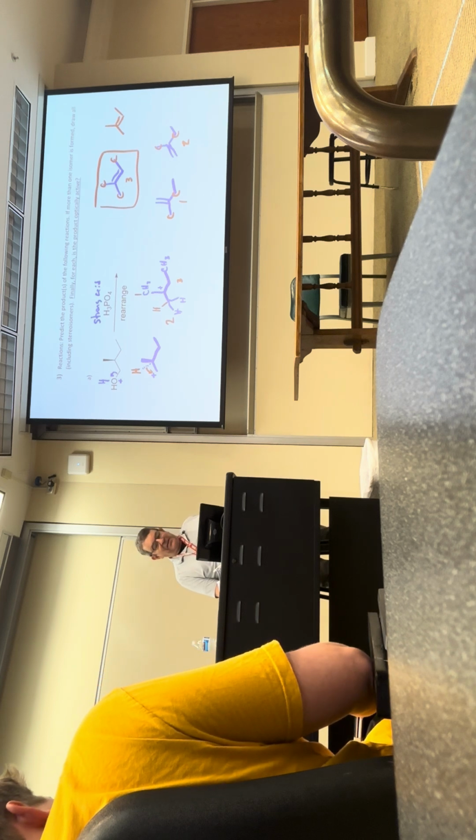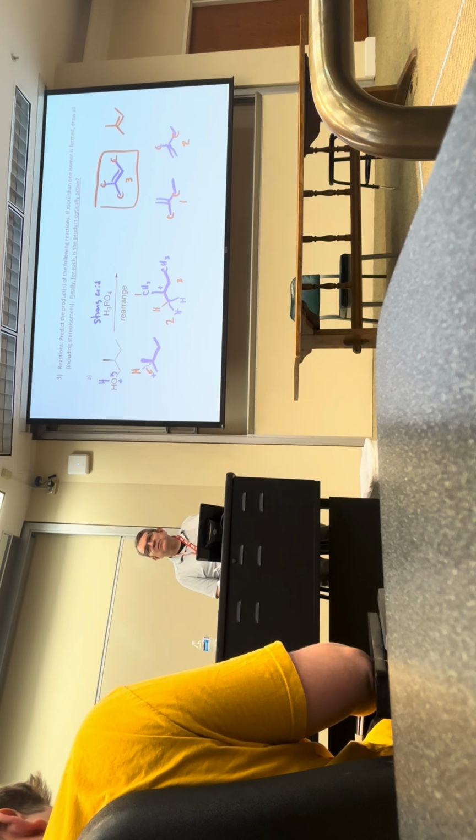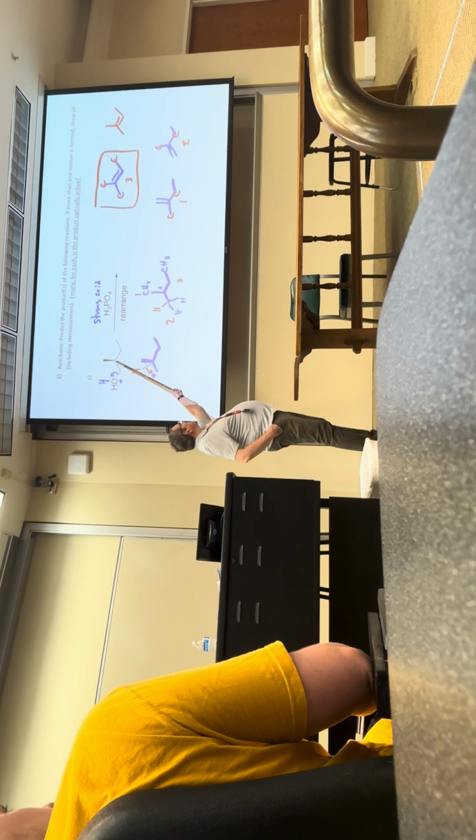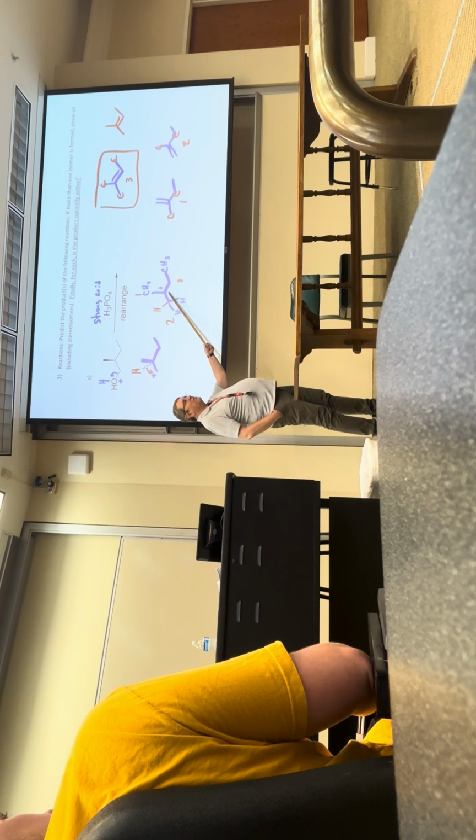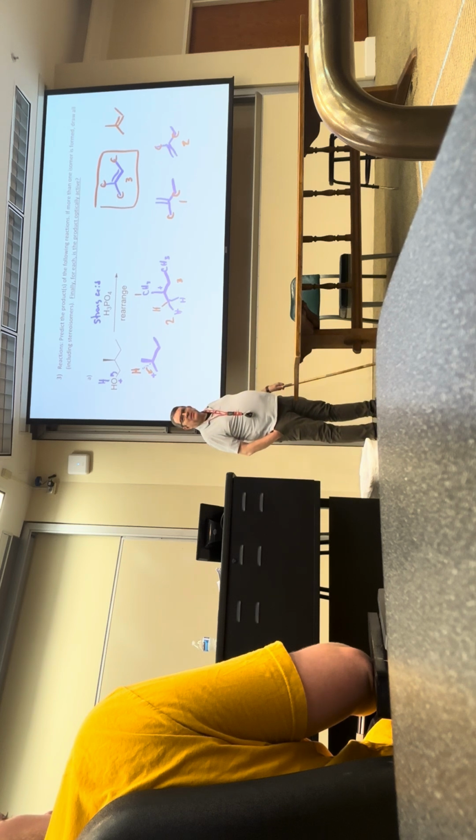Finally, optical activity. The alkene functional group is flat, so there is no chirality there. There was chirality with this methyl group at that center when you started, but when you made the carbocation, it is flat, and so that stereochemistry information is gone at that point.